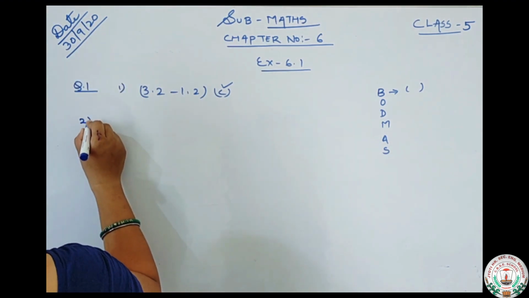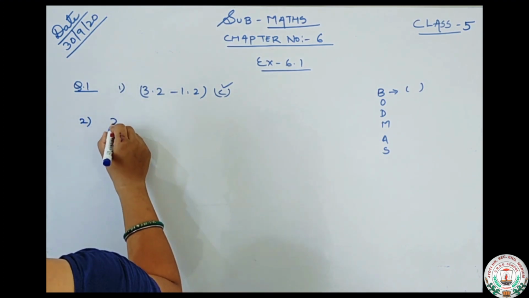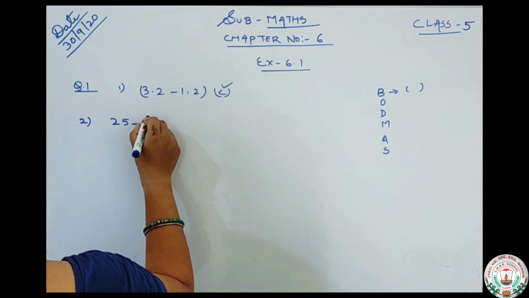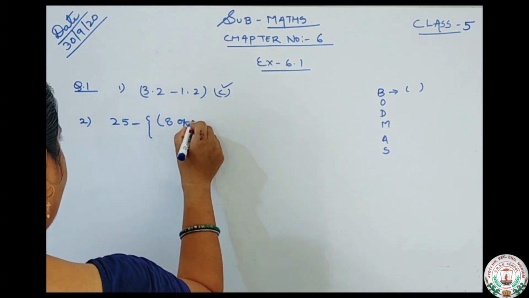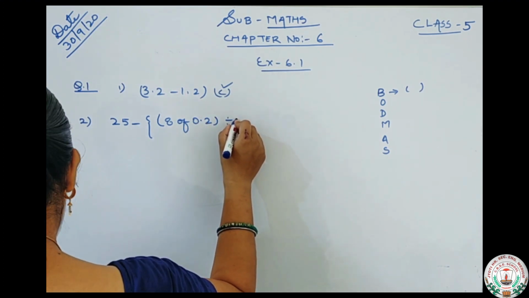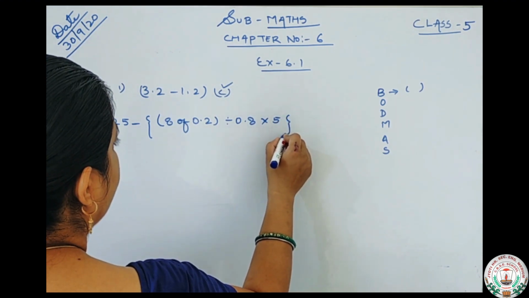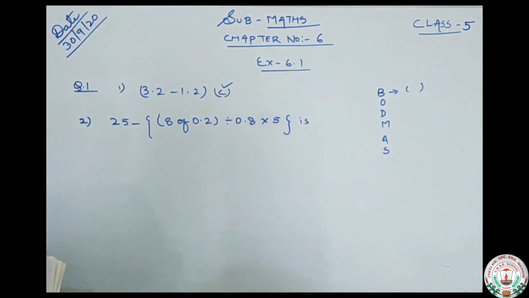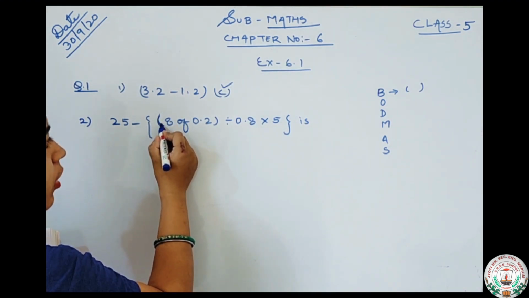Second is the value of 25 minus 8 of 0.2 divided by 0.8 into 5. This value you have to find out. Children, this bracket is known as the small bracket.